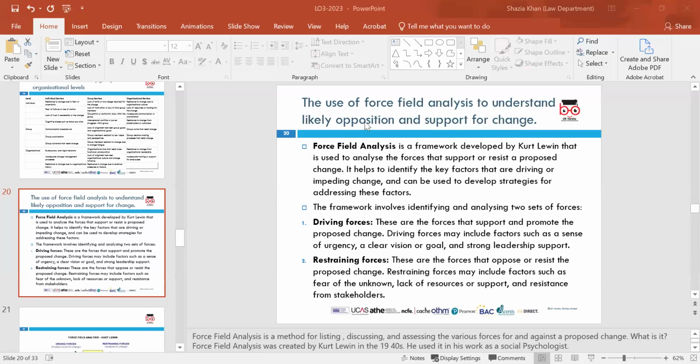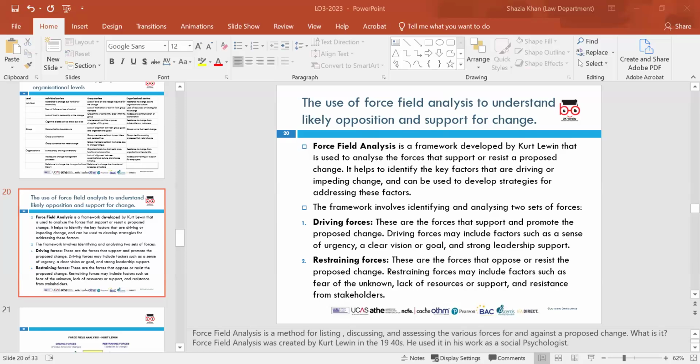The next one is looking at the use of force field analysis to understand likely opposition and change. So force field analysis is a method for listing, discussing and assessing the various factors for and against the proposed change. It uses Lewin's work as a psychologist, and it's a structured approach that identifies the forces that drive or resist change.